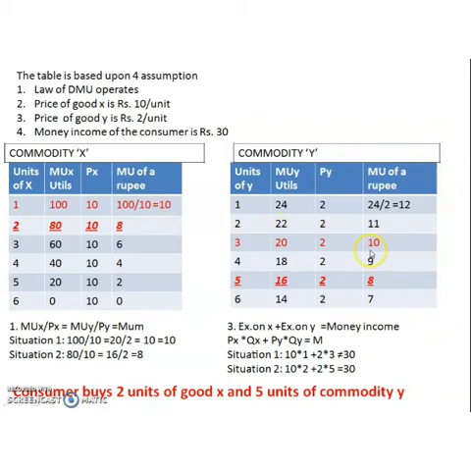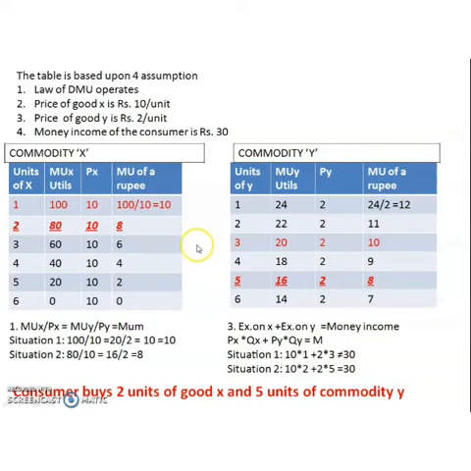Then when the consumer consumes 2 units of commodity x and 5 units of commodity y, he also derives the same level of satisfaction, that is 8, 8. So these are the two situations in which ME of x is equal to ME of y.